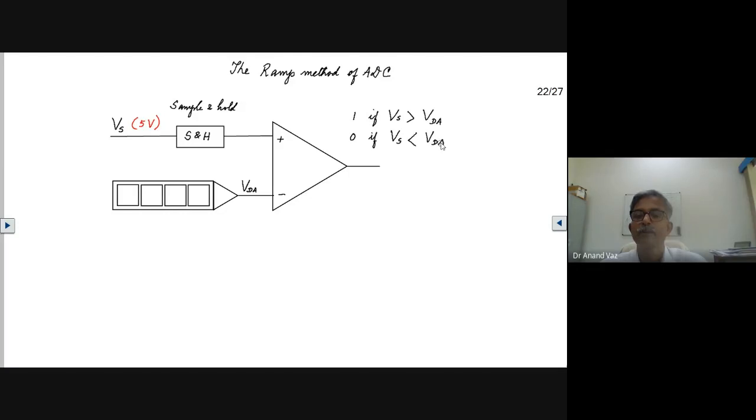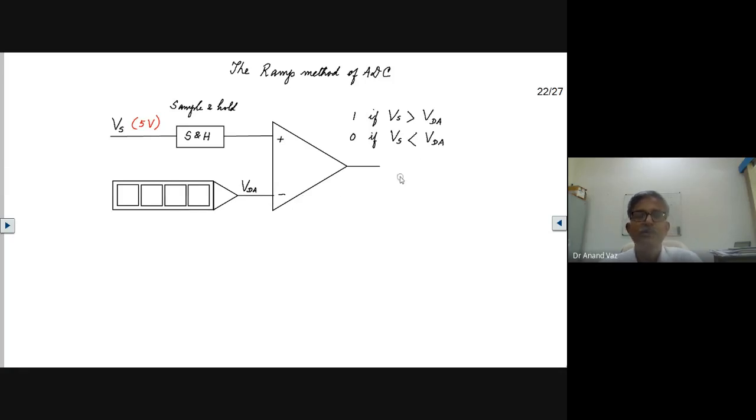Now in the ramp method, what happens? You start with the lowest number, so you start with all zeros first. Your signal is 5 volts, but you are starting with 0. That's the algorithm. So you make a comparison with 0, 0, 0, 0, and you can see that 5 volts is greater than 0 volts.